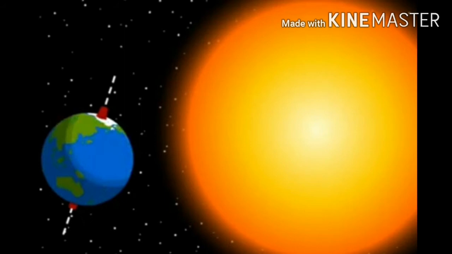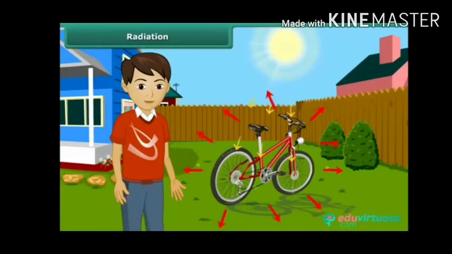When the sun's radiation falls on the earth and its objects, they receive heat energy and hence get heated. Thus the sun's heat reaches the earth by the process of radiation. The invisible heat rays which transfer heat by radiation are called infrared rays.